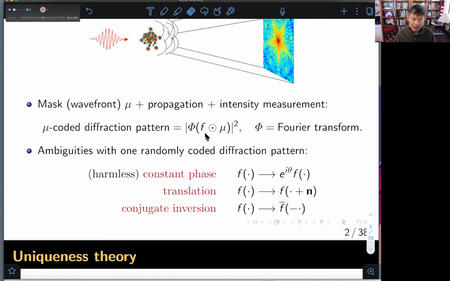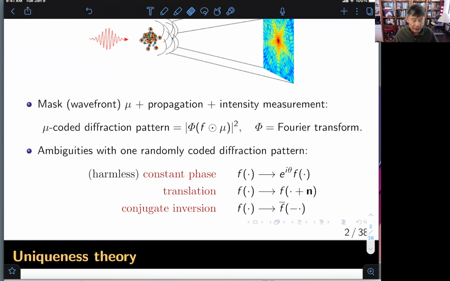So if f is a vector, this will be a vector, what's called the Hadamard product. And then phi is a Fourier transform representing the propagation. Intensity simply means the modulus squared of the amplitude. So it's a mu-coded diffraction pattern.